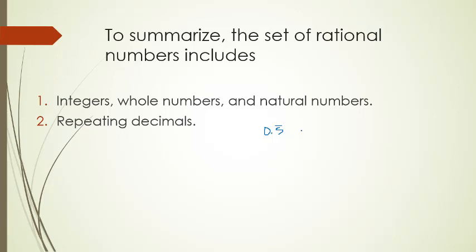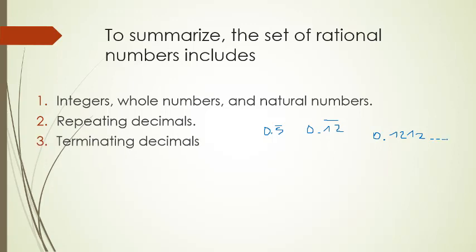Then this is a rational number. 0.12 with the bar above 12 is a rational number because 12 is repeated. That means when we put it like this, we have 12, 12, 12, and it goes all the way.